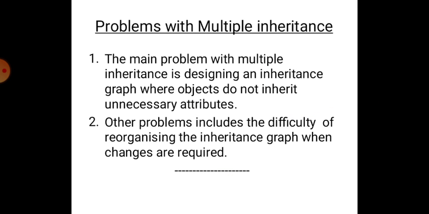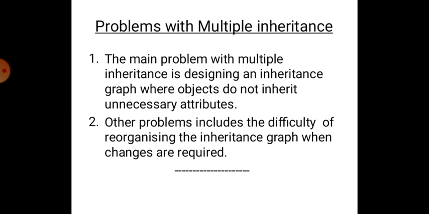Now this multiple inheritance has certain problems. The main problem with multiple inheritance is designing an inheritance graph where objects do not inherit unnecessary attributes. Students, you know that the inherited class takes attributes from the parent class or superclass, but here the child class should take only required attributes.